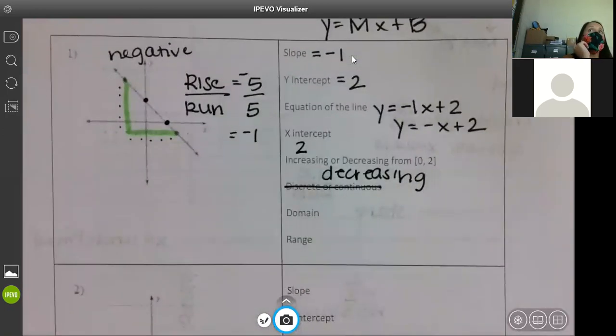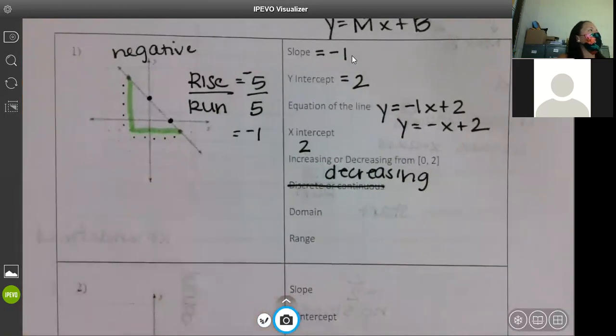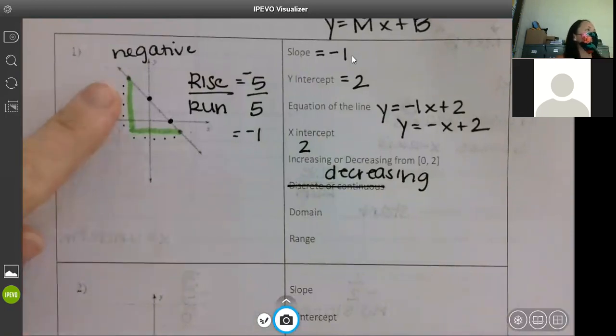And then we need to find the domain and range. So the domain, when we were doing number sets, like relations, we were just using all the x coordinates. Well, the thing with this graph is it goes forever to the left and forever to the right. Does anybody know anything in math that we can use to describe forever? Infinity. Is everybody good? But if it goes to the left, what kind of values are on the left side of this graph?